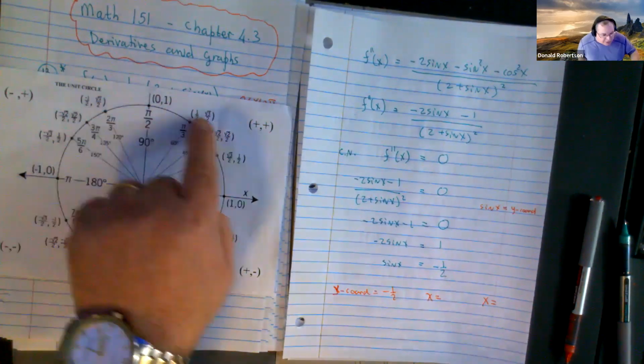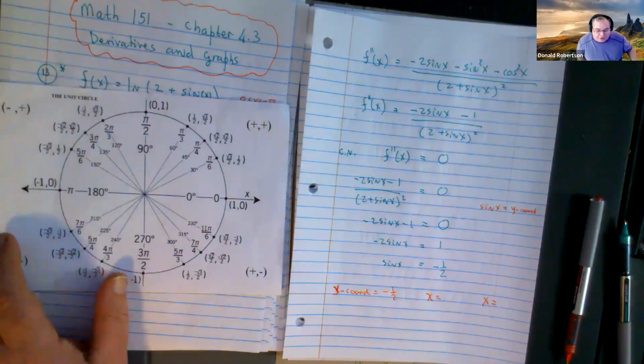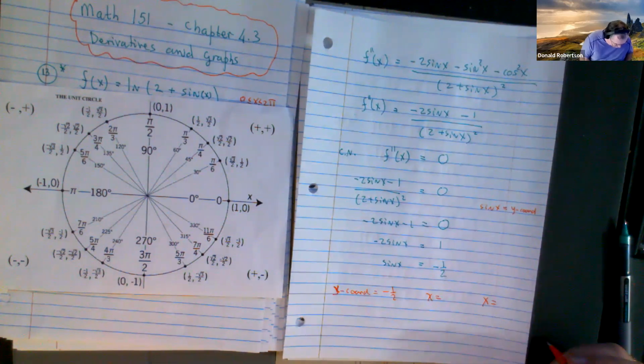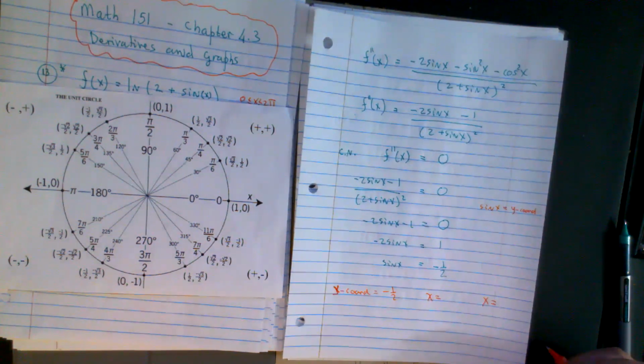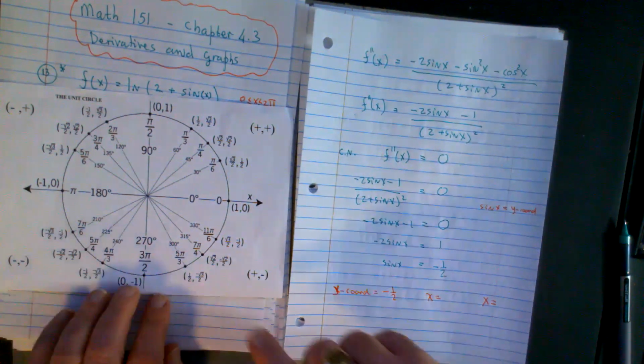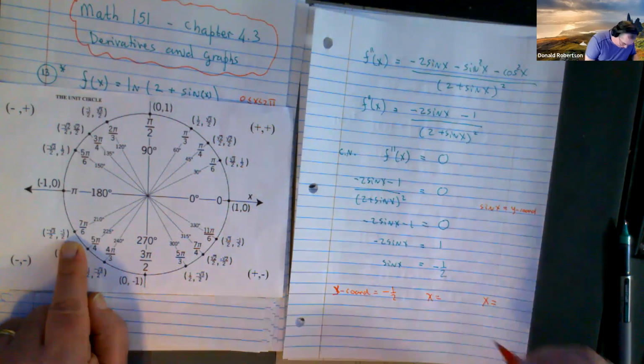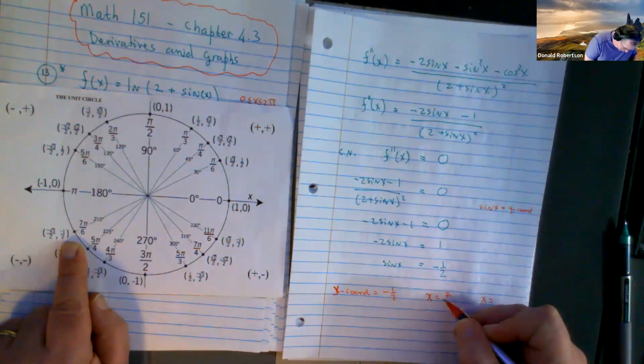Okay. Can anybody see in radians an angle that has a y coordinate of negative a half? There should be 2 of them. Pi over 6. So let's find, would you all agree that's negative a half? So there's your first answer.